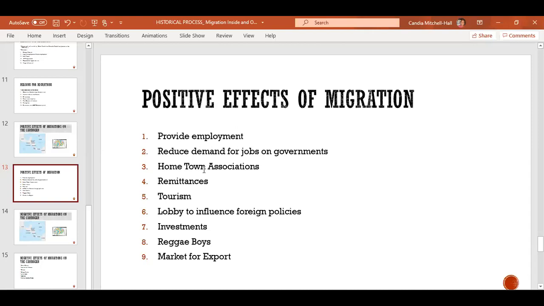So in the US, Canada, UK, you have quite a lot of hometown associations. And these associations have given back quite a lot to their country of origin.